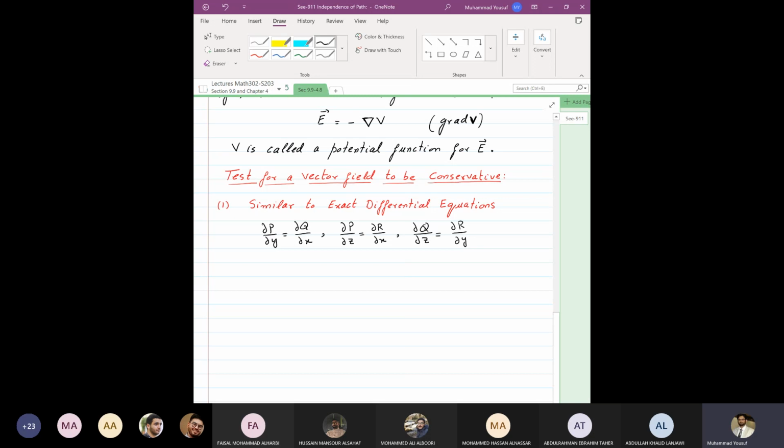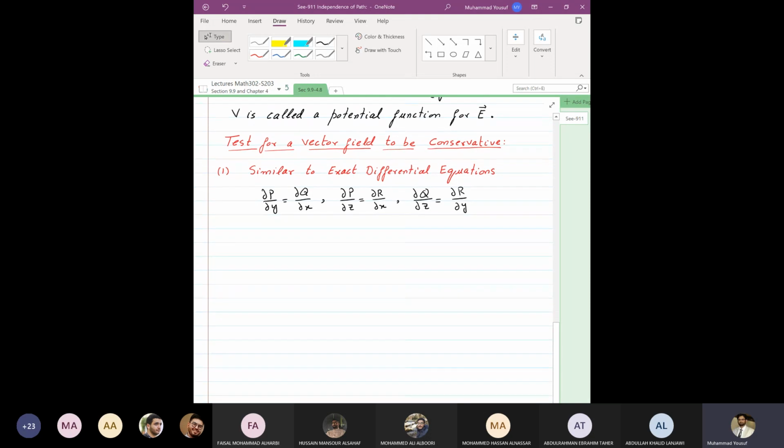So p with x, p with y, and q with x: first component with y, second with x, and p with z, r with x, q with z, r with y. If these conditions are satisfied, or very easy to write, del cross F, del cross this vector field F is equal to a zero vector.